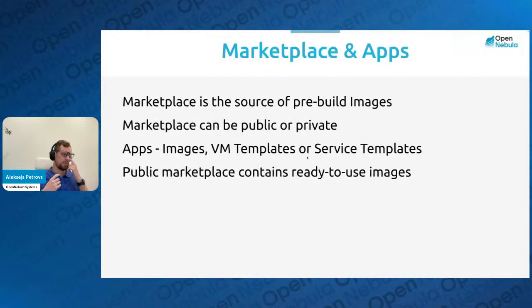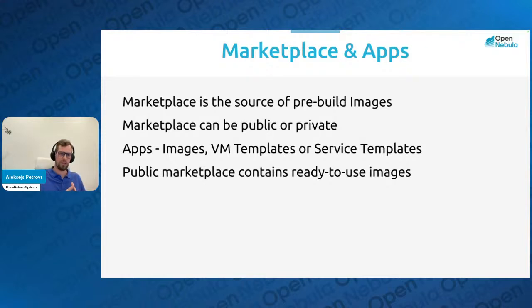Now, going from the virtual networks, we're going to the storage, but explicitly to the marketplace. If virtual network is where you define how your systems can connect with each other or with a public network, then marketplace is the source of your virtual images. So it has the pre-built images.